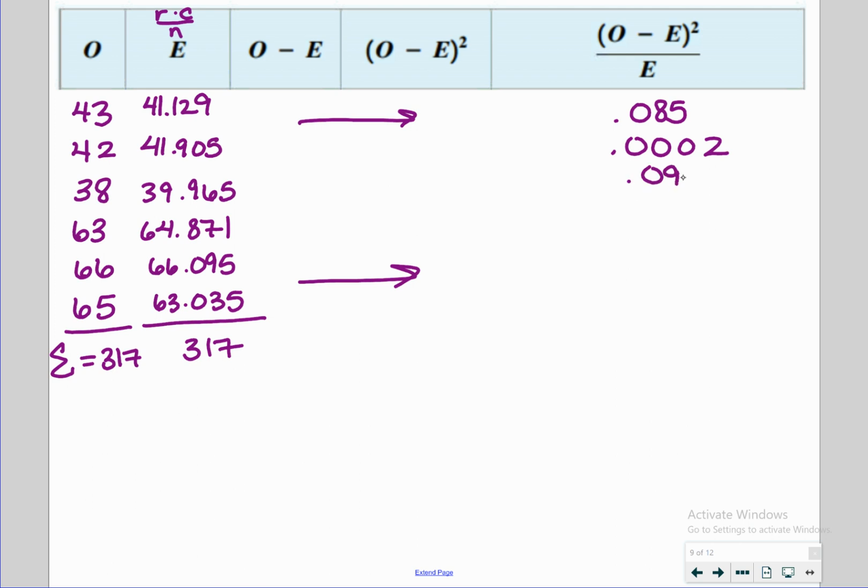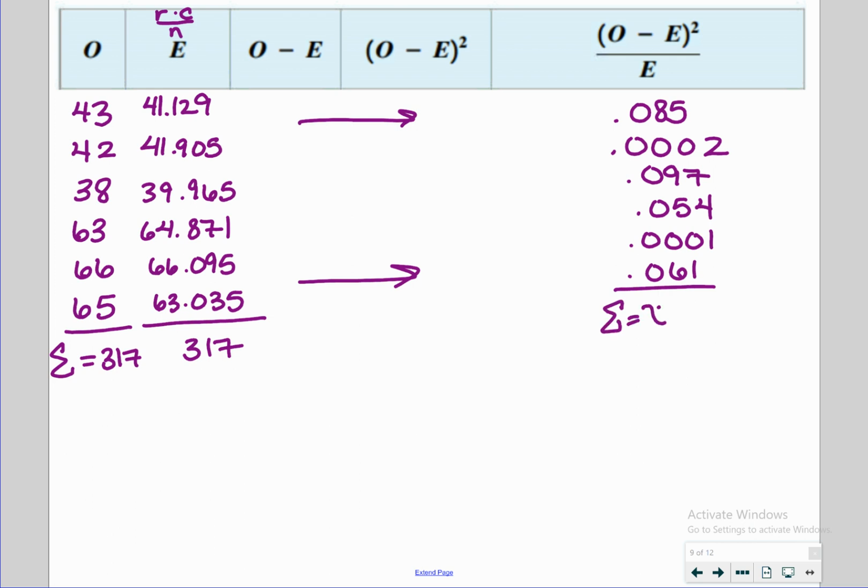0.097. 0.054. Another tiny one, 0.0001. 0.061.